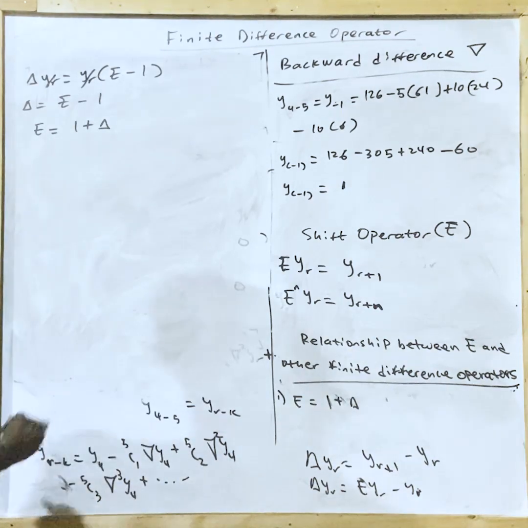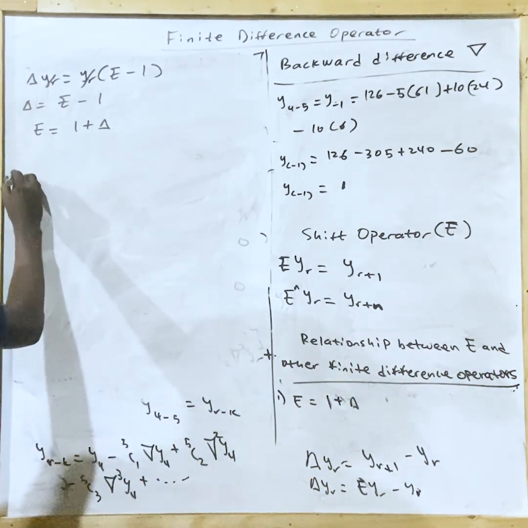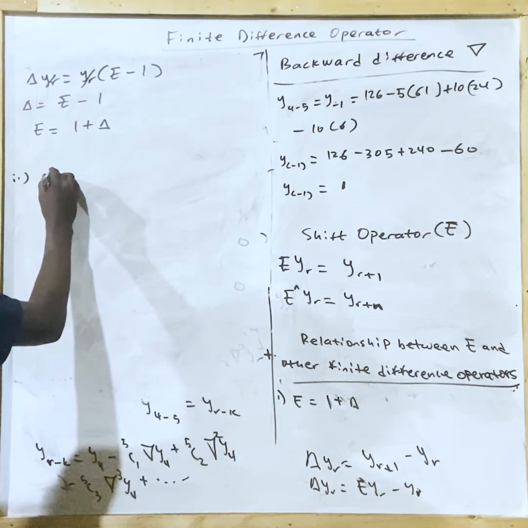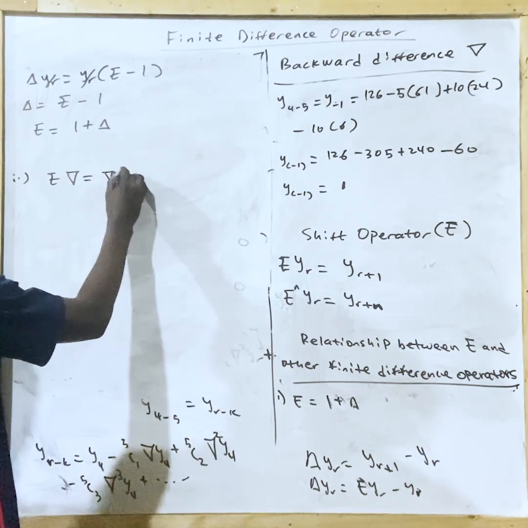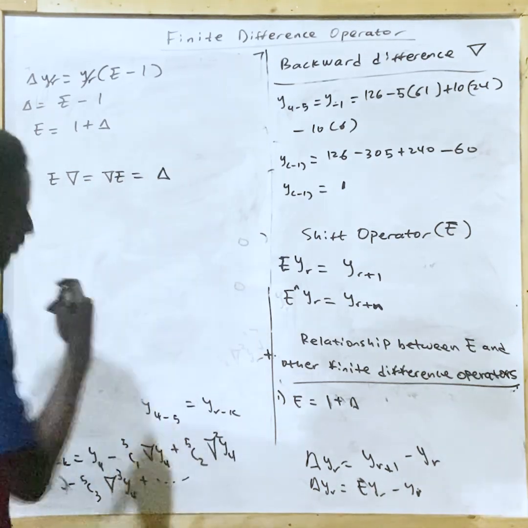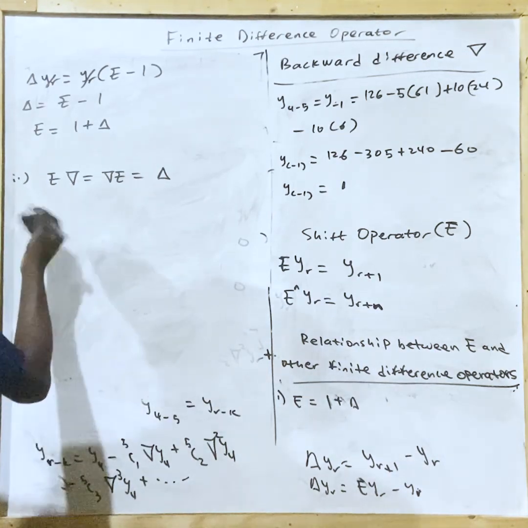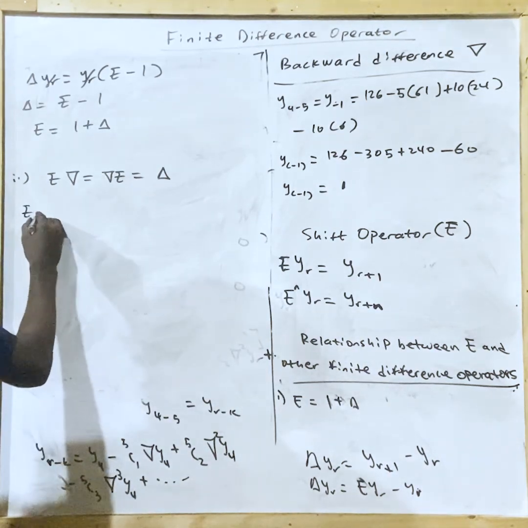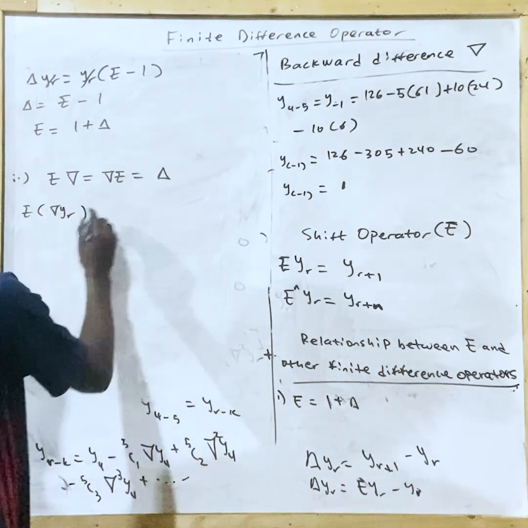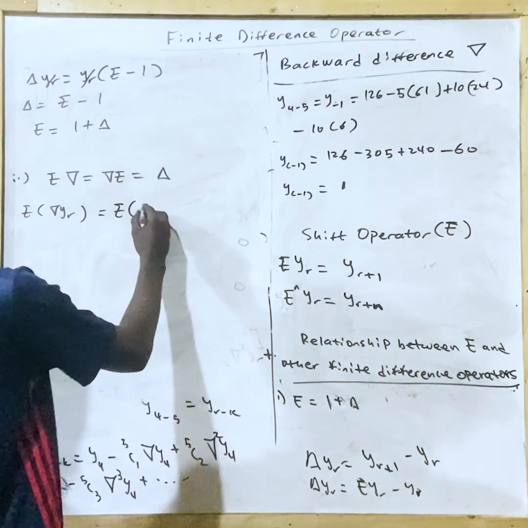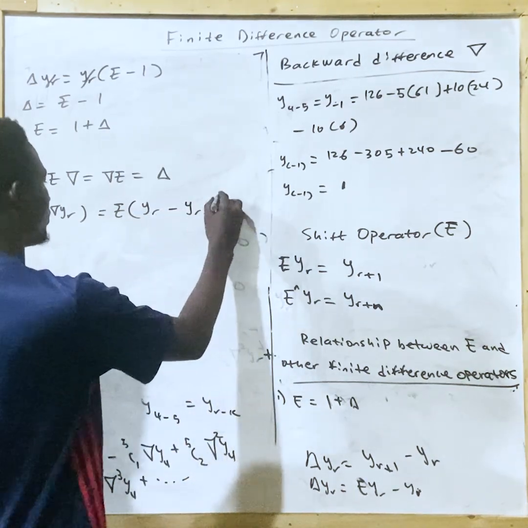We can check another relationship. The second one is E times backward difference equals forward difference. So let's do it. Starting from here, you have E into bracket yr minus yr minus 1.